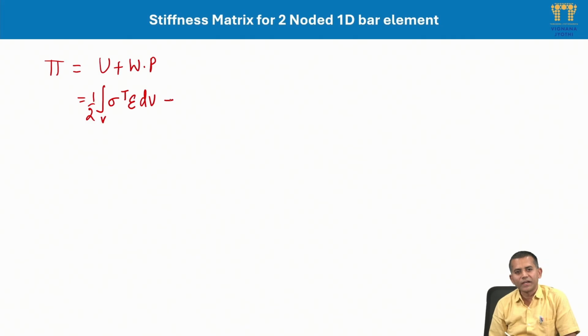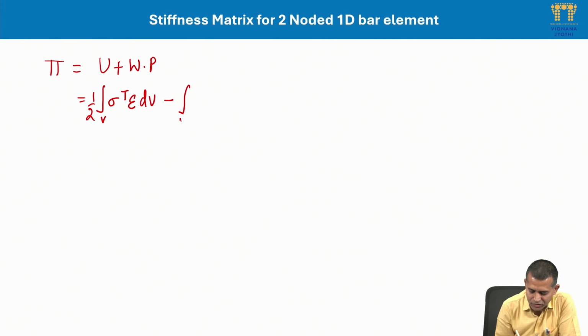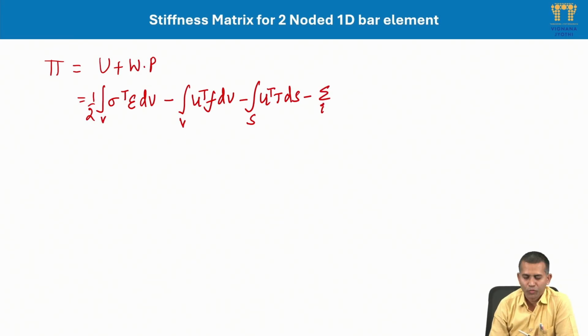The work potential is the work done against all the forces, that's why you have negative values: the volume integral of U transpose into F dV, minus the surface integral of U transpose into T dS, minus the summation of all point loads, Ui transpose into Pi.